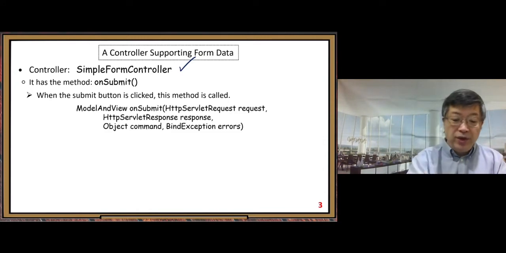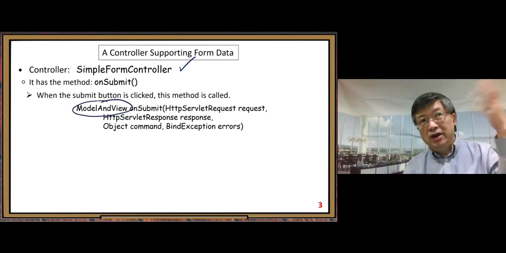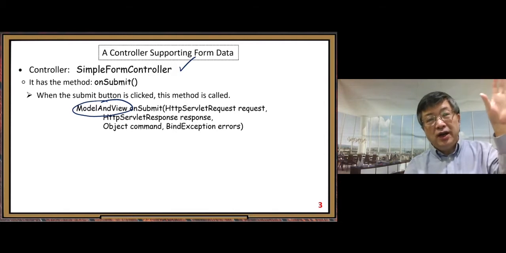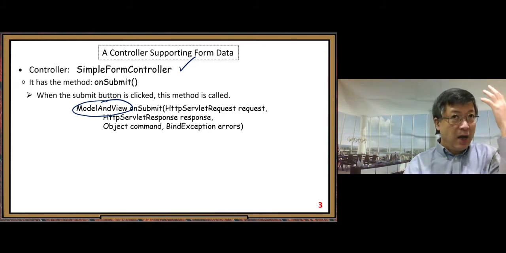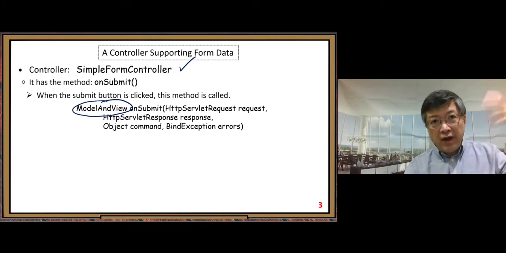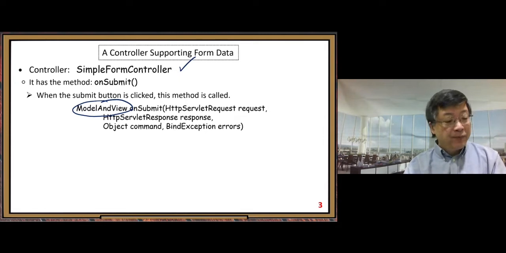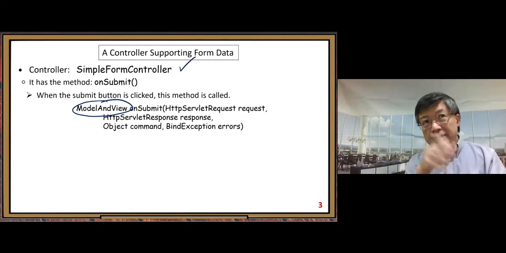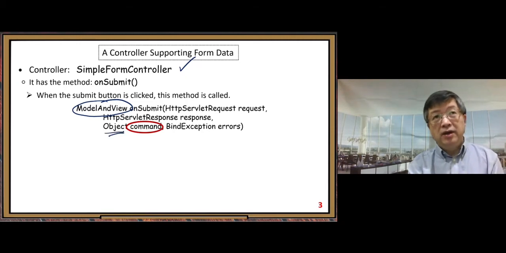First, this method will return the model and view data, just like our previous internal handler method inside the AbstractController, which returns this kind of ModelAndView object. Then how do we connect to the user's input data? It has a special parameter object called a command object.